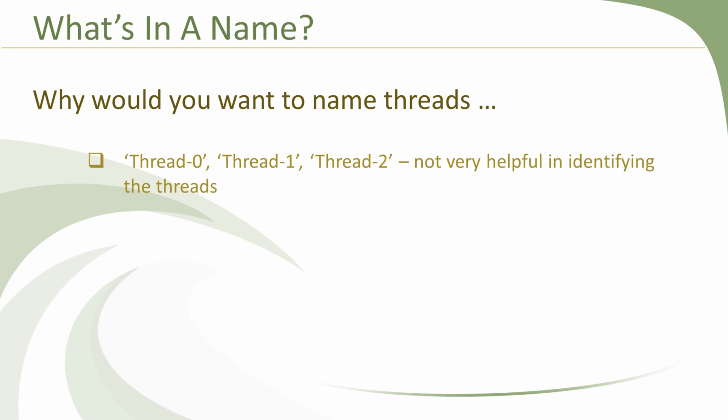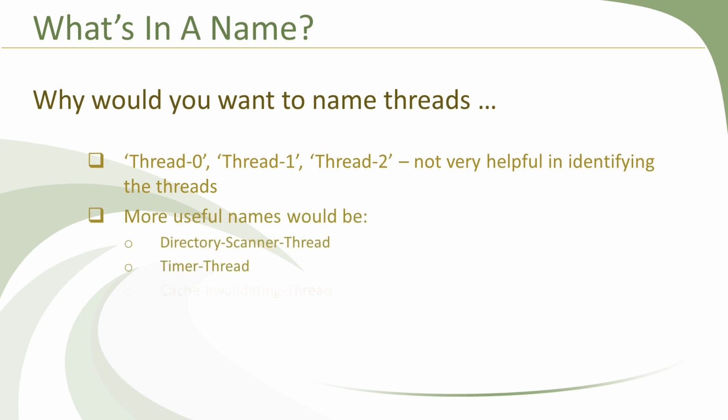So you need to assign the thread some names yourself that you can easily identify and that can help you understand your multi-threaded application's flow, thereby allowing you to efficiently debug it. Names like directory scanner thread, timer thread, or cache invalidating thread are far more descriptive and recognizable than thread 0, thread 1, and thread 2.